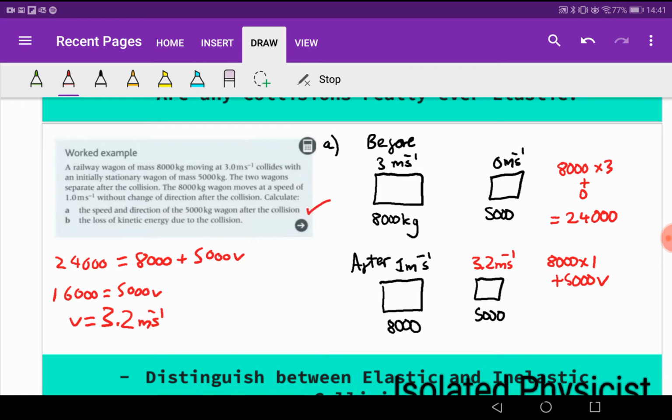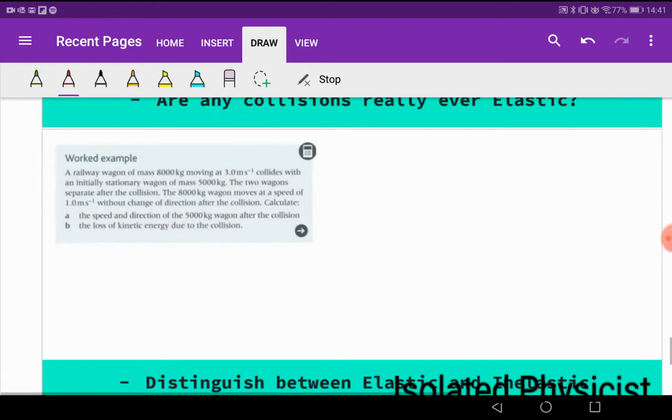Now, part B, the loss of kinetic energy. So we know straight away that because of the loss, it is inelastic. But we can go ahead and work out that loss. So let's look at again the before picture. I'm not going to draw a diagram again, but I'm just going to do the kinetic energy. Just in brackets here, we know that kinetic energy is a half mv squared.